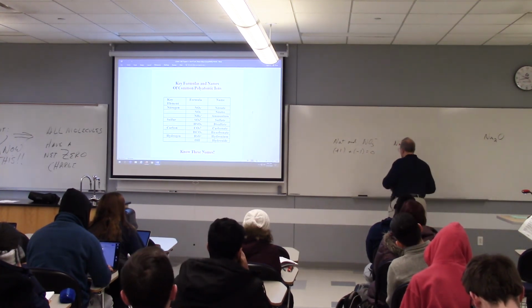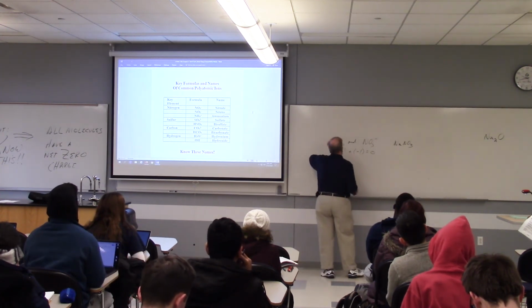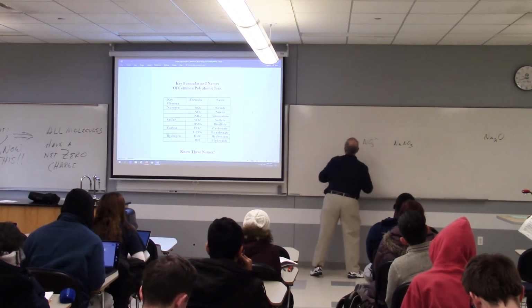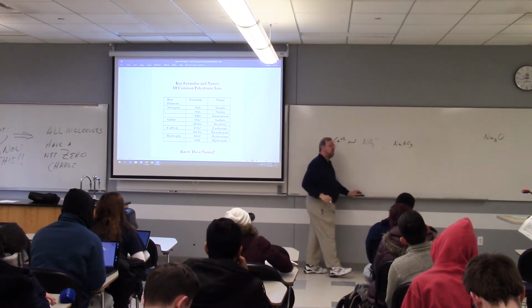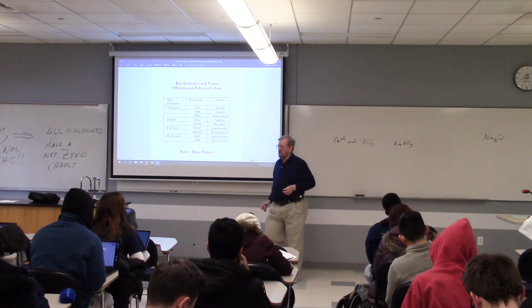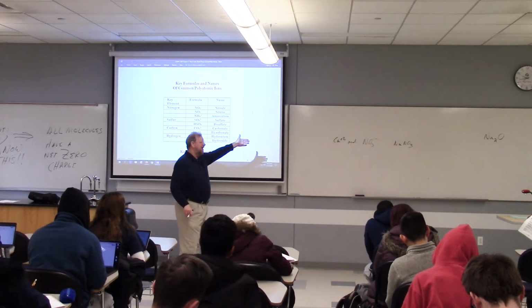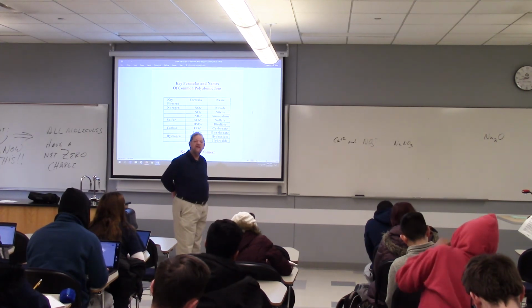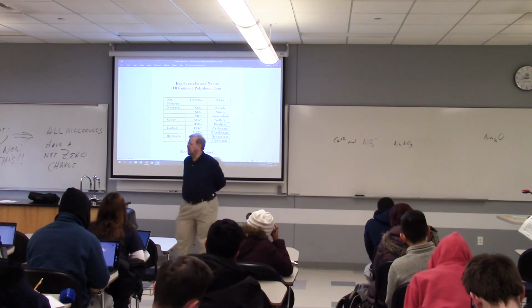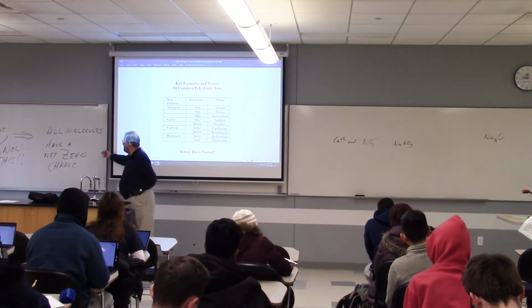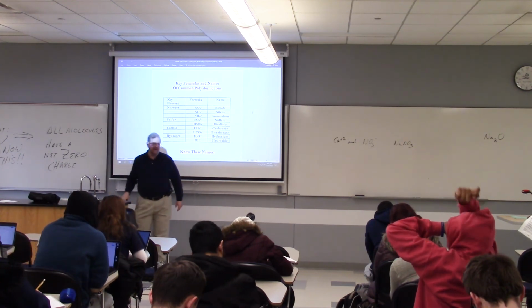Now, let's try another one. I'll do this one first, and I'll let you try it. What would be the formula of a molecule with calcium +2 and nitrate -1 ion? Well, how do you do that? You remember, all molecules have a net zero charge. It is important to know that.